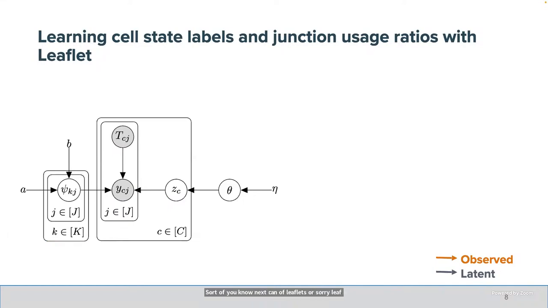our lab. Here we can visualize the setup of all our variables and their dependencies. The two that I've already mentioned are shown in gray, which are the observed junction counts and intron cluster counts.